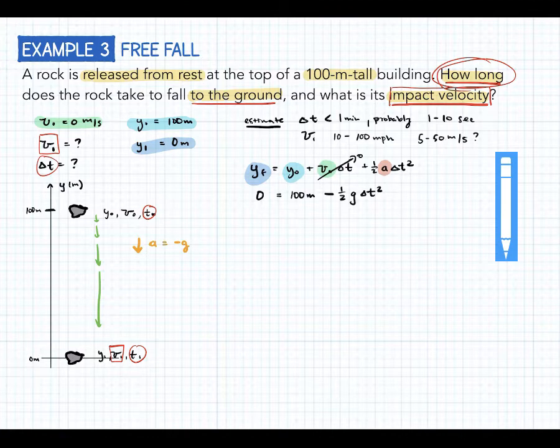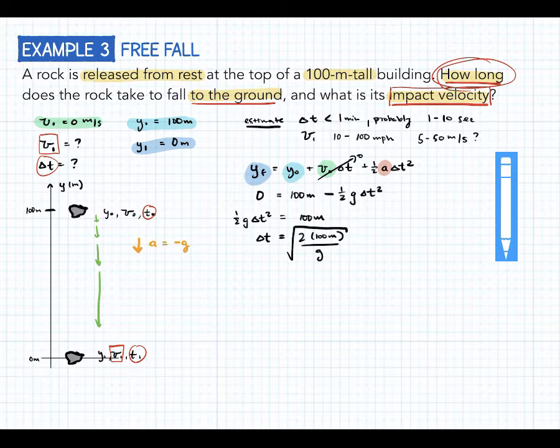So we can rearrange this algebraically. We get 1/2 g delta t squared is equal to 100 meters. Okay, and we're going to solve this for delta t. So delta t is equal to 2 times 100 meters divided by g, and then we're going to take a square root of this.